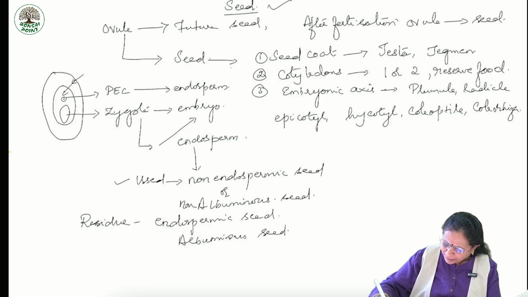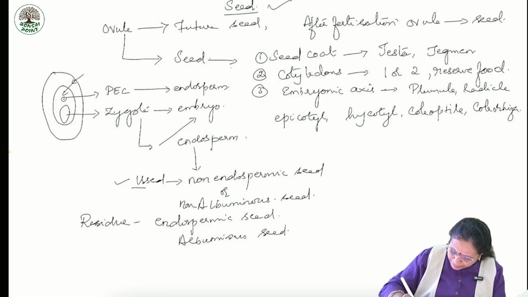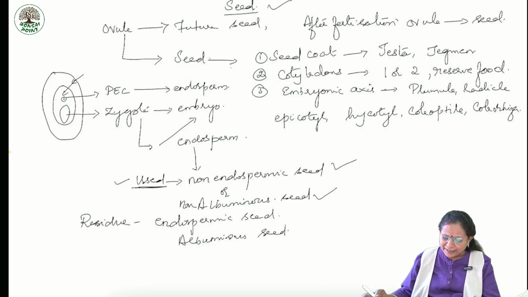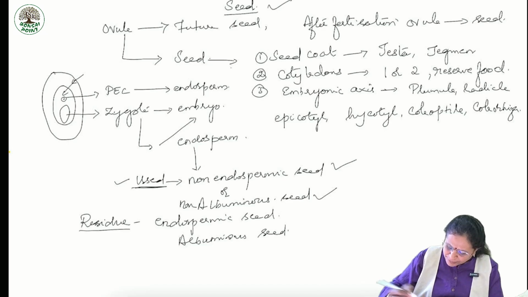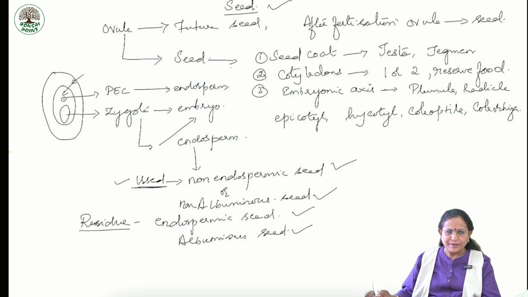Once more I will repeat: if there is no endosperm and it is completely used up, I call the seed a non-endospermic or non-albuminous seed, whereas if the residue of the endosperm is there, we use the word endospermic seed or albuminous seed. Is it clear?